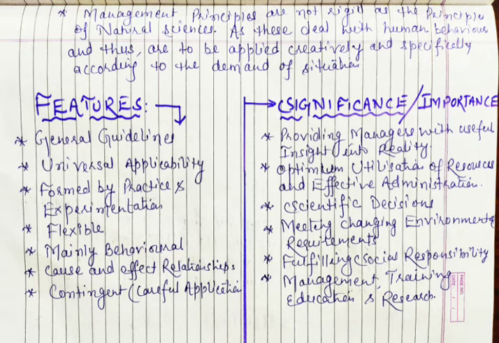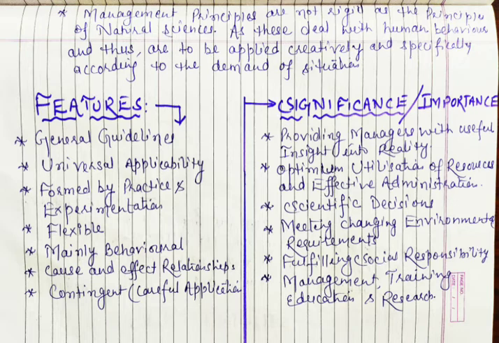Next point of importance is optimum utilization of resources and effective administration. Optimum utilization of resources means that the human and material resources should be put to use in such a way that they should give maximum benefit with minimum cost.